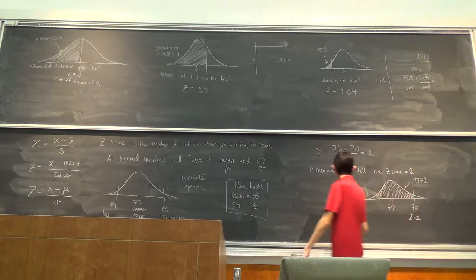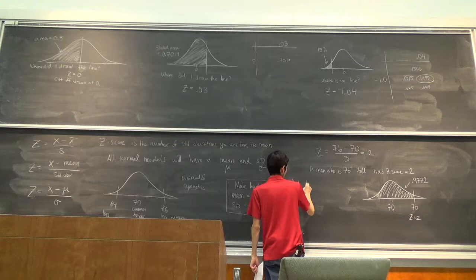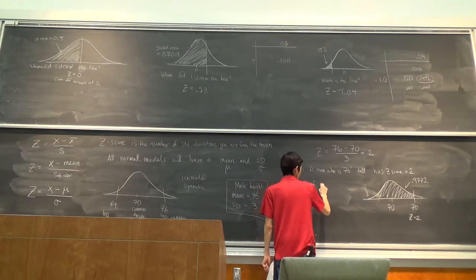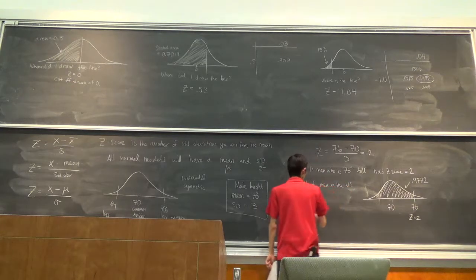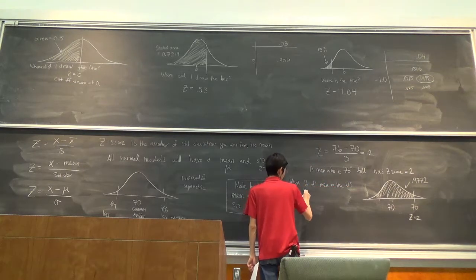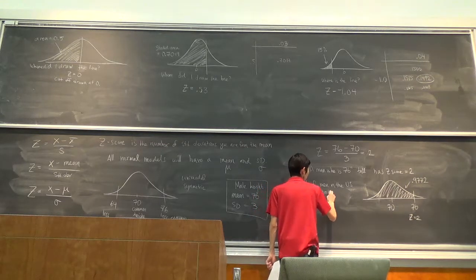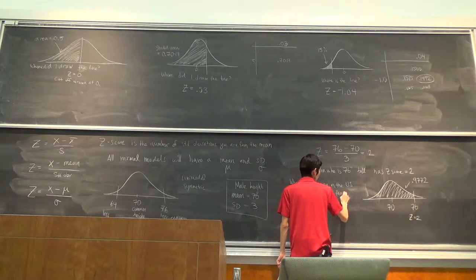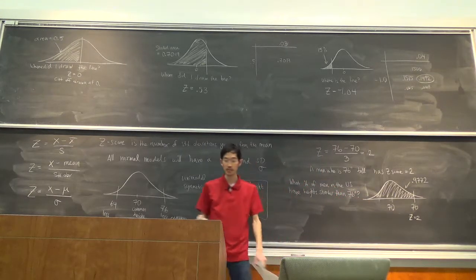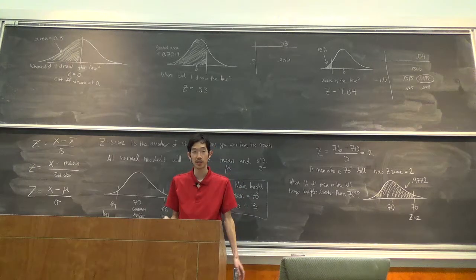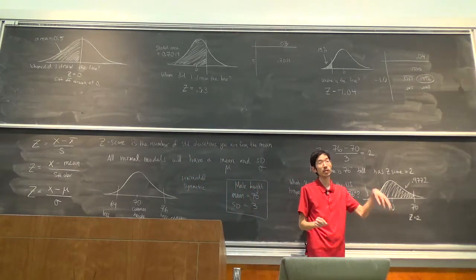So the question was, what percentage of men in the US have heights shorter than 76 inches? Okay. So when I say shorter than 76 inches, would I be shading to the left or shading to the right?